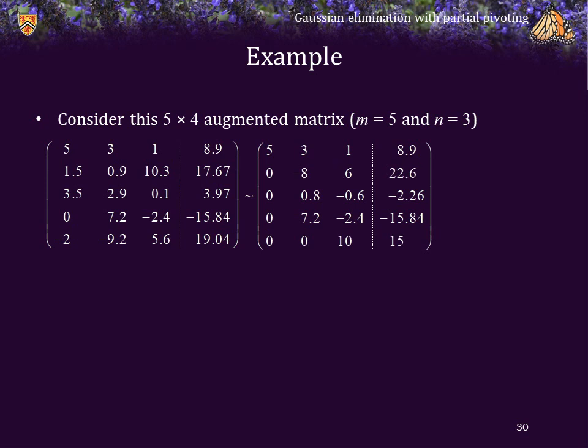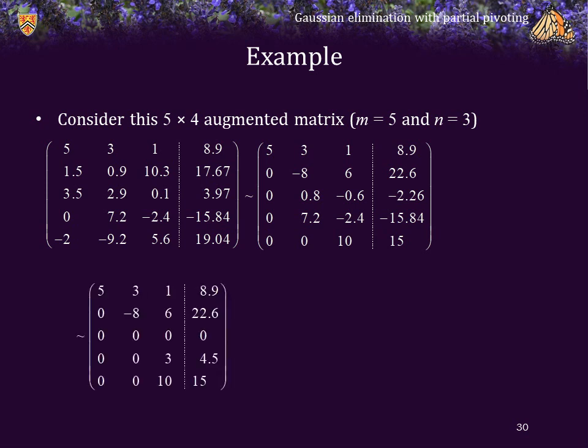So that places the negative 8 at index 2, 2. We now proceed by adding 0.1 times row 2 onto row 3, and we add 0.9 times row 2 onto row 4. And that will eliminate those entries below the negative 8 in column 2.